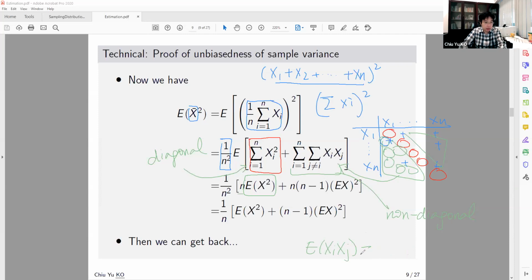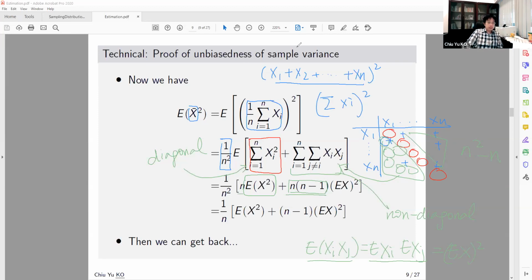So this is an important property that I didn't write down. It will be the same as this because they are independent, and the expectation of independent variables is equal to the product. So that's why it will be expected x squared, and how many of them? n times n minus 1. The reason is the number of terms here is n squared, n squared minus the n diagonal terms, so that's why n times n minus 1. Is that okay?